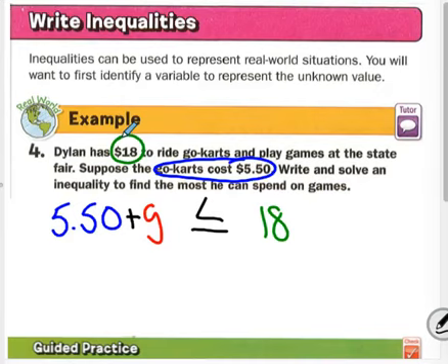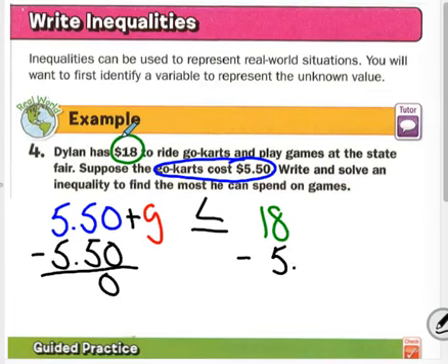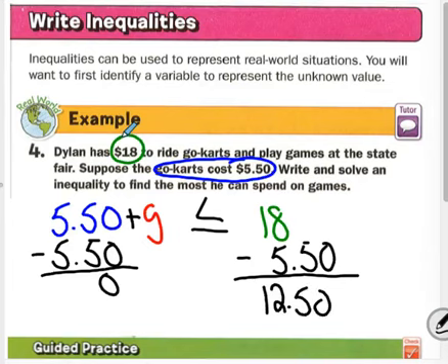So let's go ahead and take a look at how we'd solve this. We still want to isolate G. We want to get it all by itself. So let's start by subtracting the cost of the go-karts. That gives us 0. So we'll subtract that exact same amount over here. So $18 minus $5.50 comes out to be $12.50.